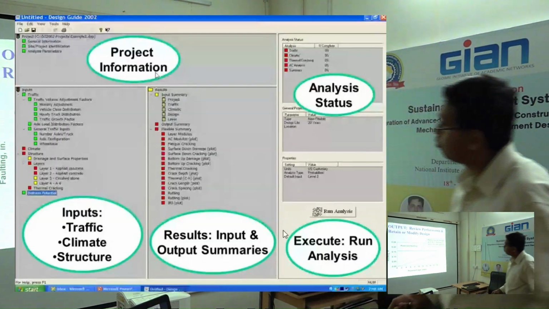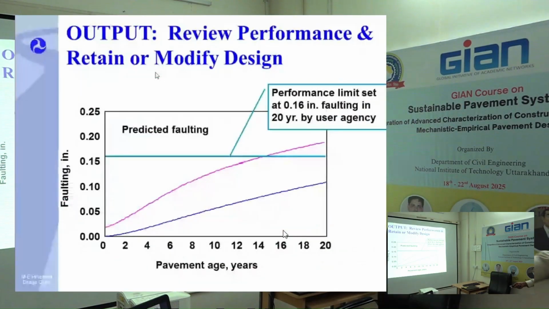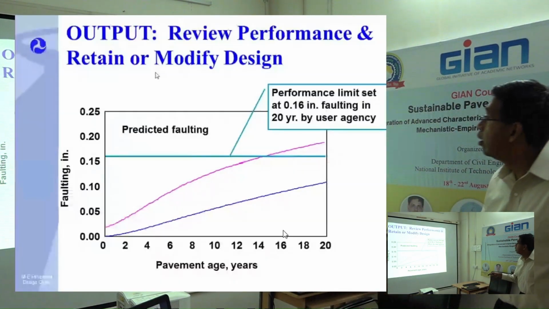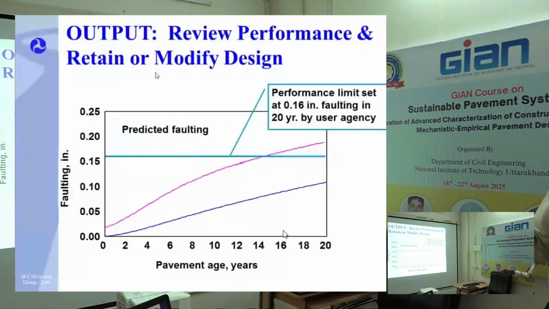This is the one. Look at this. I'm going to explain this in detail. Faulting, this is concrete, over 20 years of time. Okay? And there are two numbers there. I'm not sure if they explain the two numbers. Oh, yes. Right here, 0.16 is the agency performance criteria, due to safety.